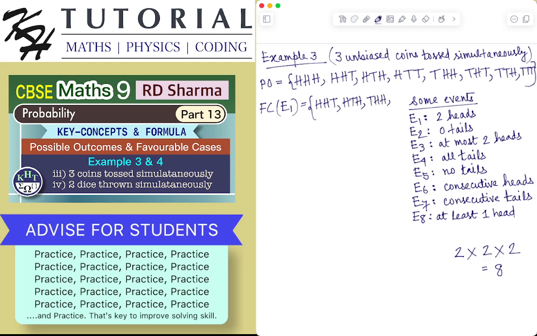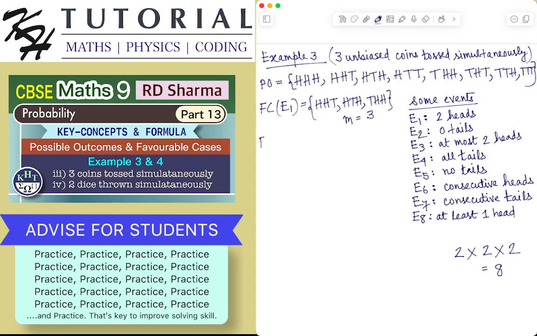I can have no more. So these are the favorable cases. There are three favorable cases to the event E1. So what is small m, the number of favorable cases of the event E1? m is equal to 3.